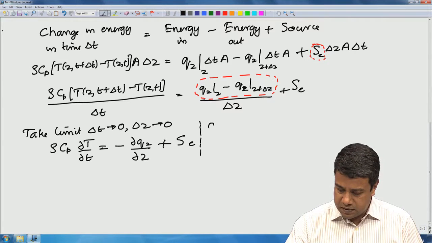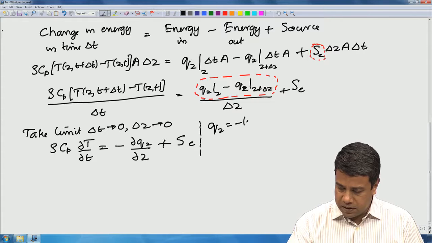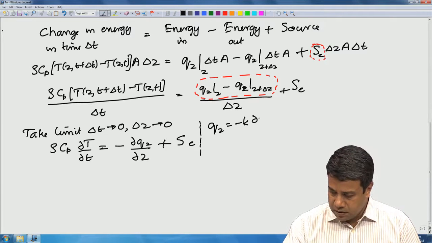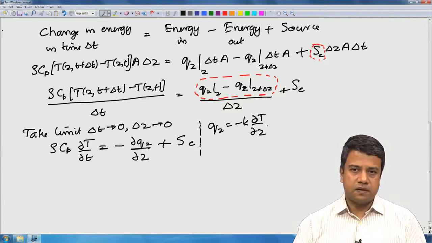We know that the flux was equal to minus k times partial T by partial z. That was Fourier's law for heat conduction.